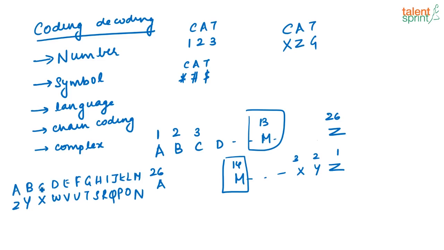See, the position of C from the beginning is 3, correct? Now which will be the letter at the same position 3 when you look from the reverse direction? It is X, correct? So C is coded as X. Similarly, A is coded as Z and T is coded as G, okay? So that is the pattern that is being followed. So keep in mind, sometimes coding also is done in this manner, okay.